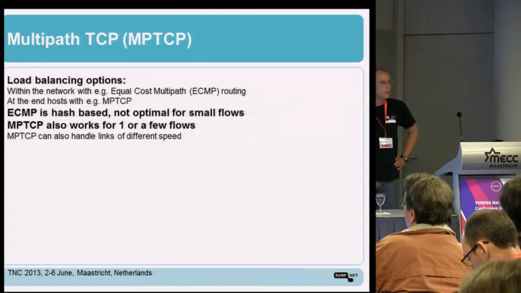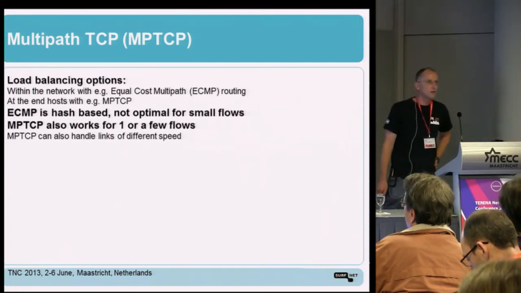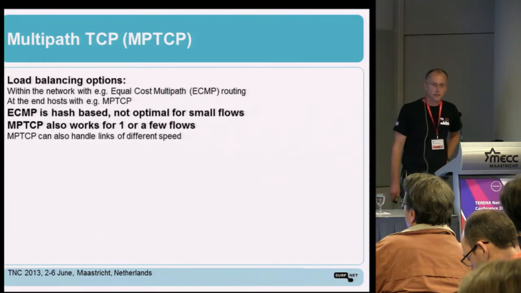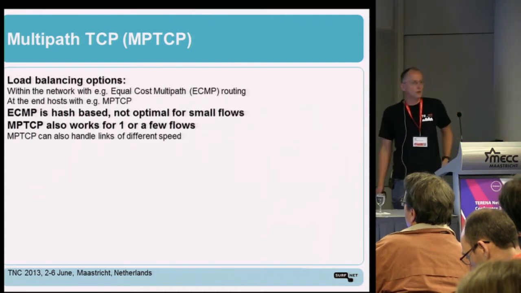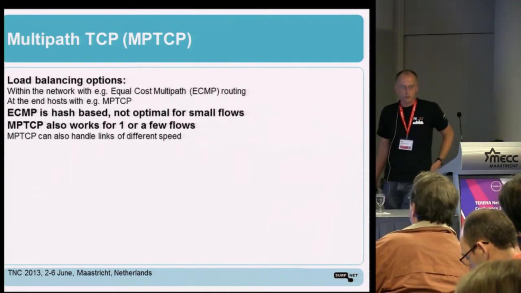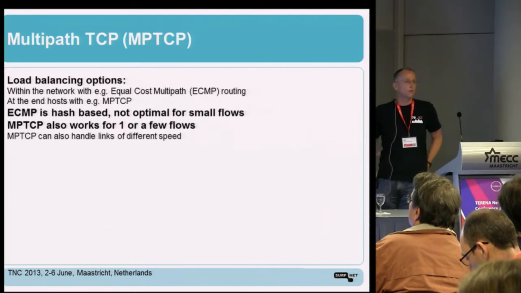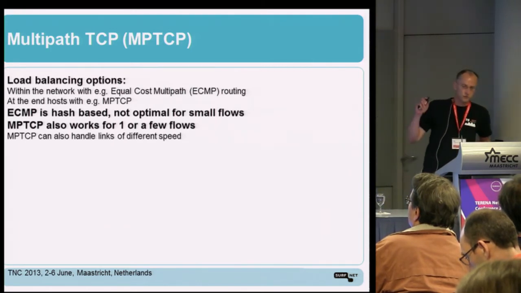MPTCP just assumes there are various paths in the network. It doesn't set up these paths. It just uses what is available. So if you have a multi-homed server, it uses all the interfaces on that server. Or if you have a phone, you have Wi-Fi and 3G, it uses both interfaces.